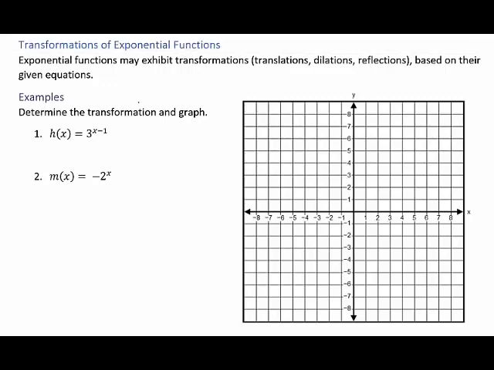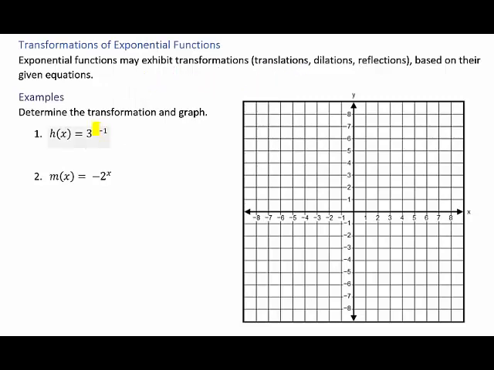Similar to what we did with quadratics or cubics, linear functions, square roots, any of the toolkit functions. For example, if f of x equals the absolute value of x minus 2, we would say that the graph exhibits a horizontal translation of 2 spaces to the right. So this is the graph of the absolute value function shifted 2 spaces over.